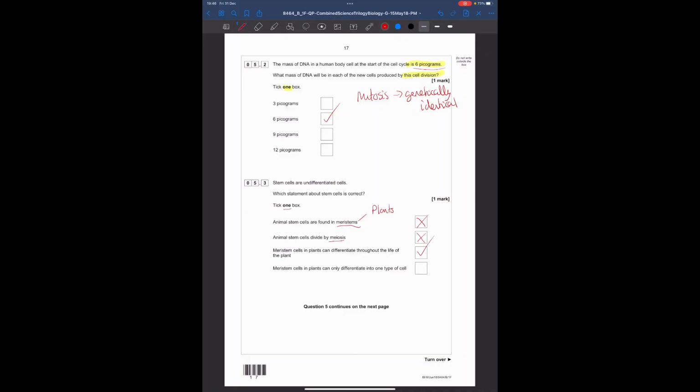It is that one, okay, because meristems, if you've got root shoots growing out of the soil, they can change into what type of cell that plant needs at that stage of its growth. The last one, meristem cells in plants can only differentiate into one type of cell. Well, that is false, because they need the ability to transform into the different types of cells that they need.